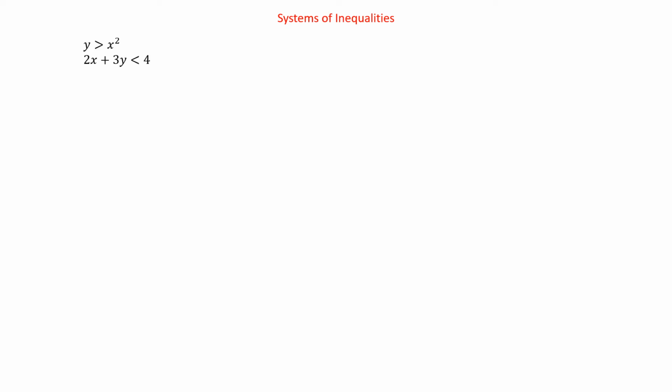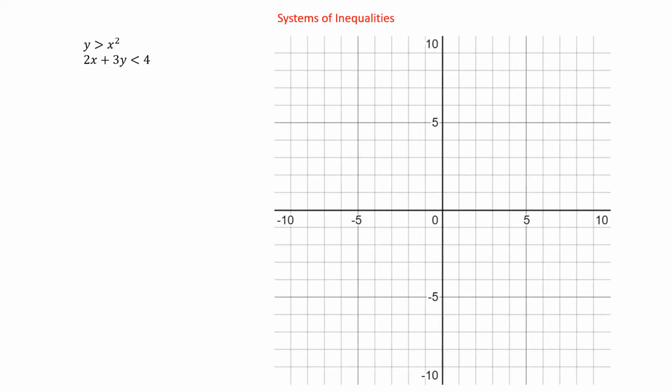So if we have this system, we have y is greater than x squared, and 2x plus 3y is less than 4, we can graph these. So let's graph y is greater than x squared. So we just graphed this one.